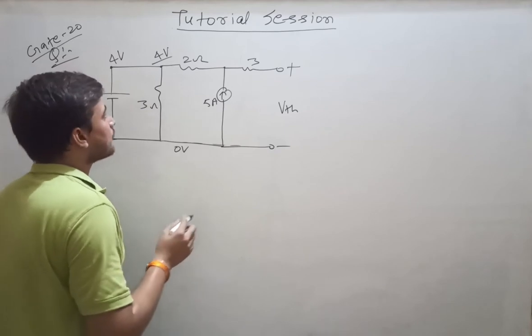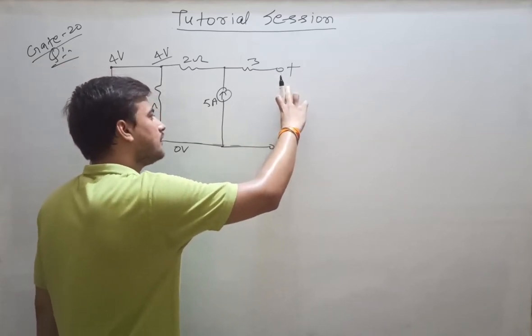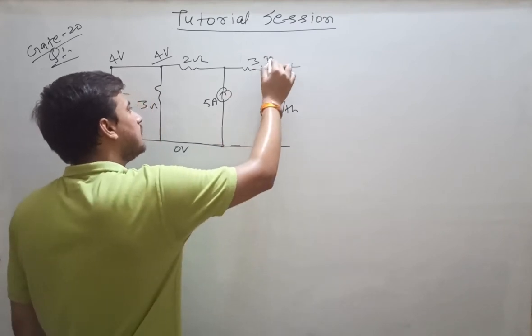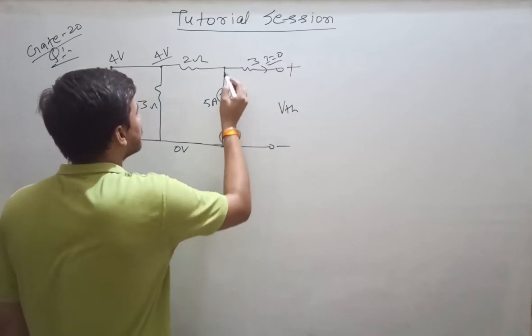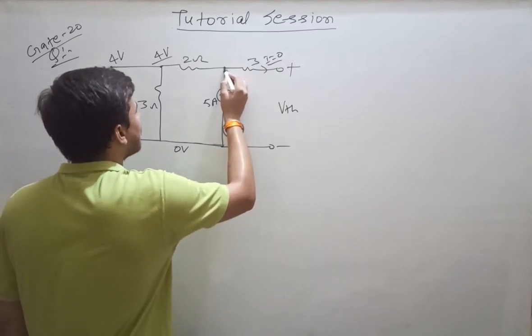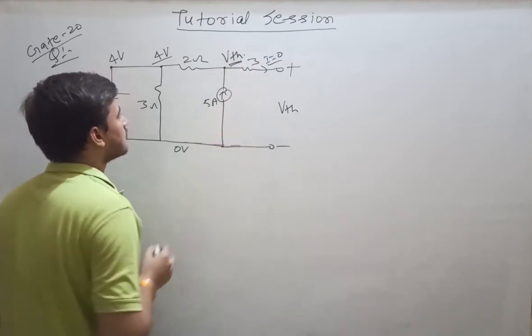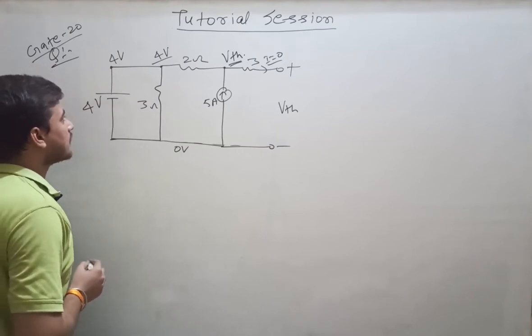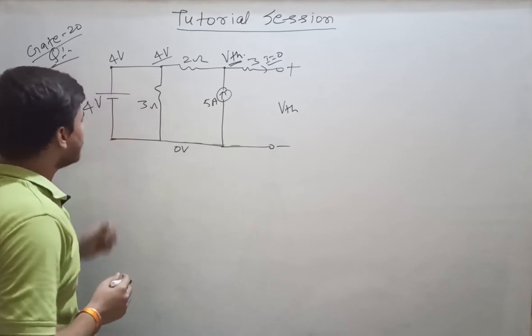Now you see here, you have the potential of this point equal to VTH, and since it is open circuited, the current will be 0. If this current is 0, then the potential at this point will also be equal to VTH. Clear?